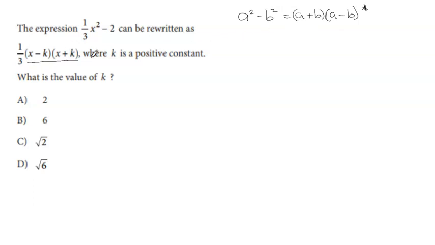All right, so this question has a couple of moving parts. We see our 1/3, which is here, right? And we want to try and write this to look something like this. So let's start. We have 1/3 x squared minus 2. That's what we've been given.